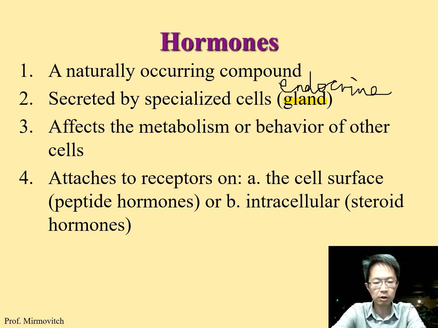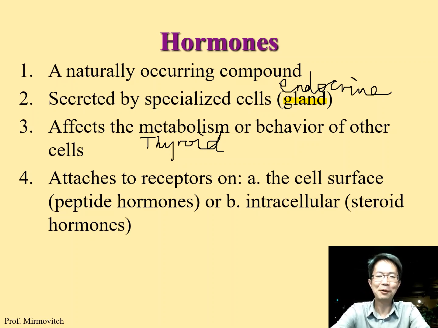For example, thyroid hormone can speed up metabolism, and therefore it can generate heat to keep our body warm, or try to maintain it at 37 degrees Celsius. Thyroid hormone. Behavior, for example, of other cells.